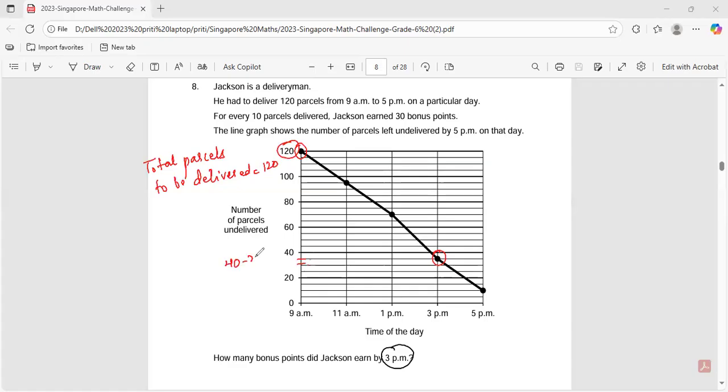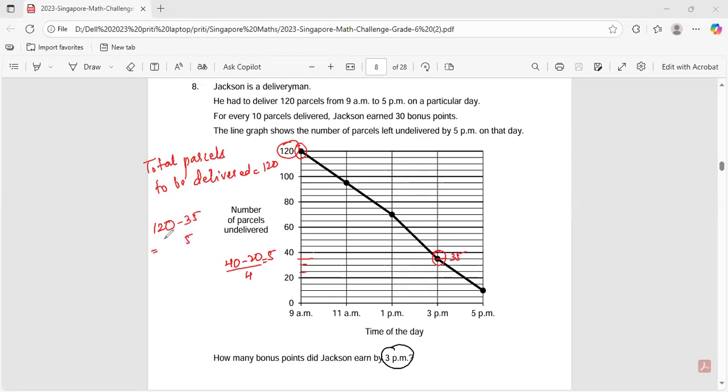You do 40 minus 20 divided by 4 intervals. 1, 2, 3, 4. So that's 20 over 4, which is 5. So each of these intervals is 5. So this is 25, 30, 35. So there were 35 parcels which were still undelivered. So out of 120, 35 were undelivered.